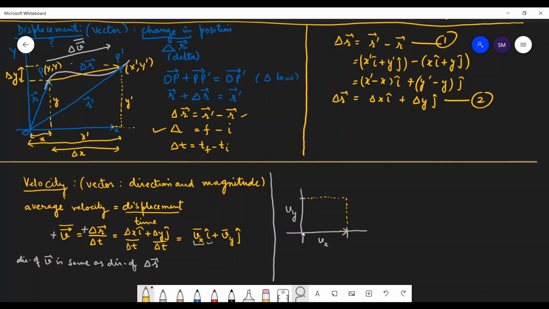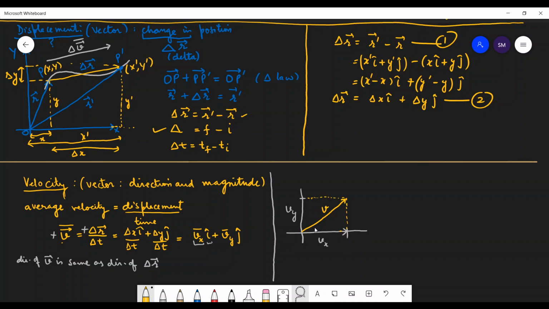The length of this diagonal is V, and this is my resultant V vector. Here I am adding these two vectors, and this is the resultant. The opposite of it is writing V in terms of its components, which we also call resolving the vector. So I am resolving V along the x-axis and y-axis.